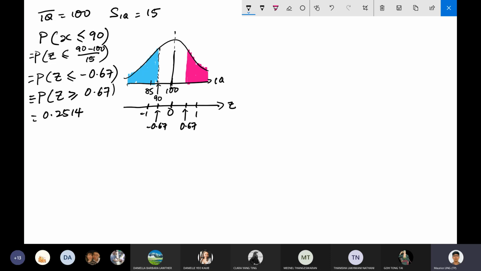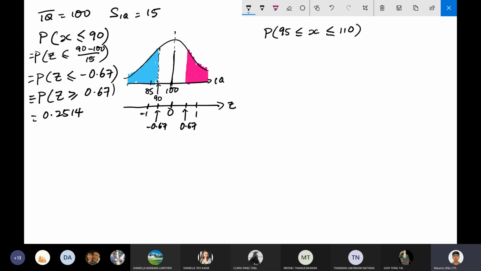Now you can also do the opposite. What happens if it is in between? For example, I ask you to find the probability of getting an IQ score between 95 and, let's say, 110.